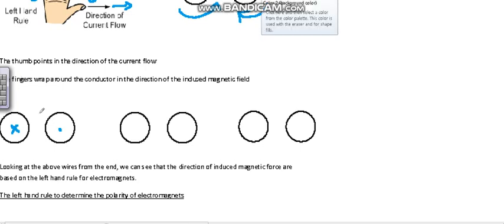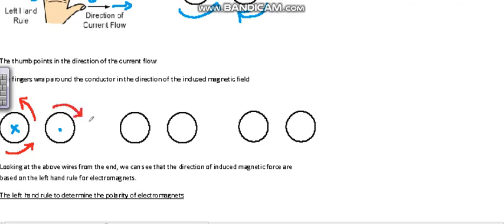If I have current going away from us, I'm going to place my thumb into the page, and my direction of magnetic field is in this direction here. And if I have my thumb coming towards me, just like the point of the arrow coming towards me, then I'm going to have a direction of force around this wire in this direction here.